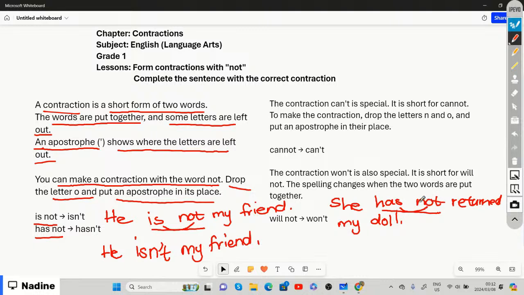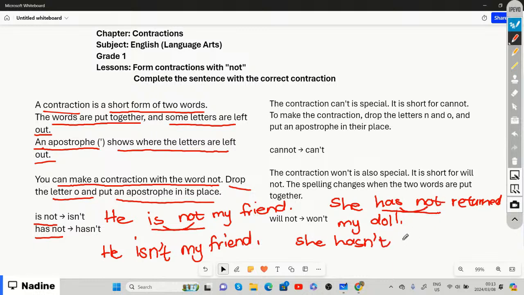Remember, we need to drop the O and put the apostrophe in its place. So we can say, she has, we leave has, we bring down the end of not, we drop the O, we put the apostrophe in its place, and we bring the T down.